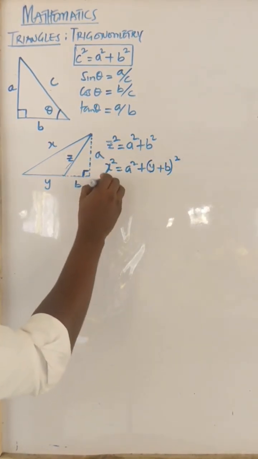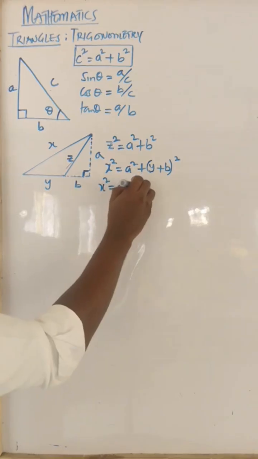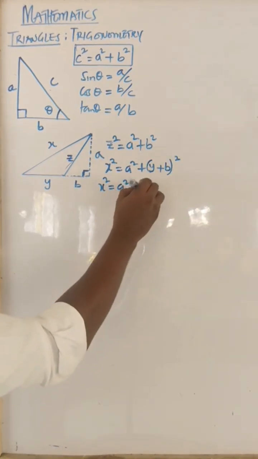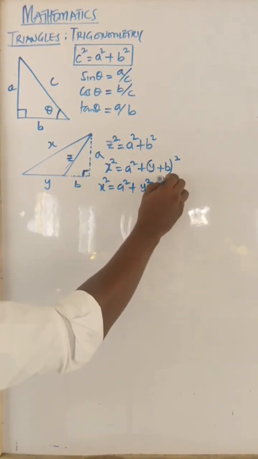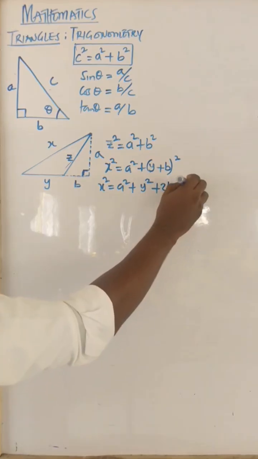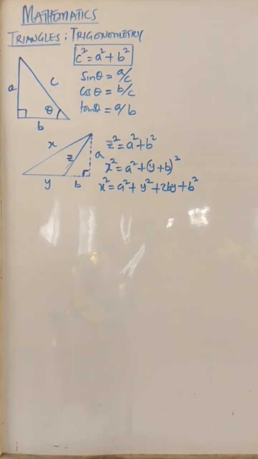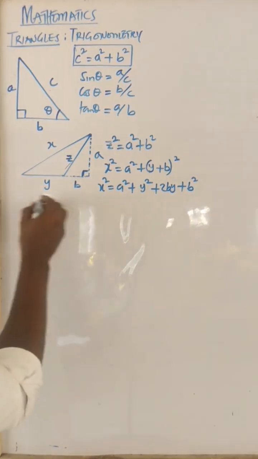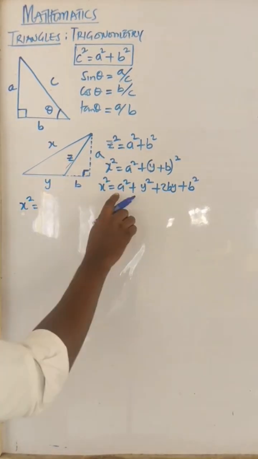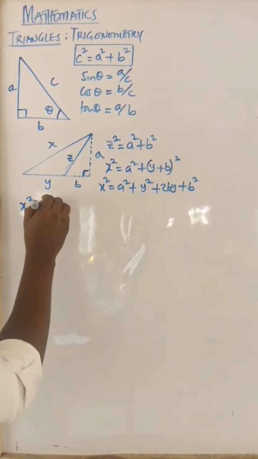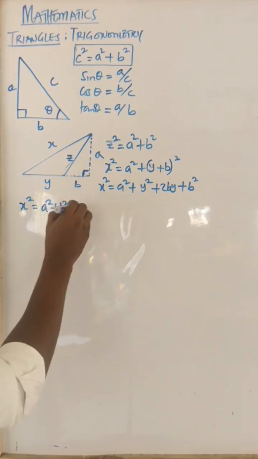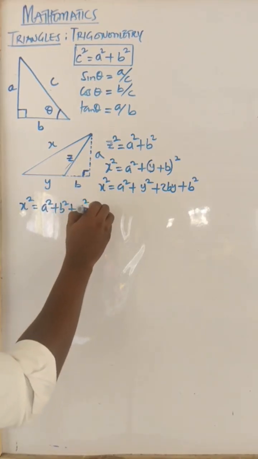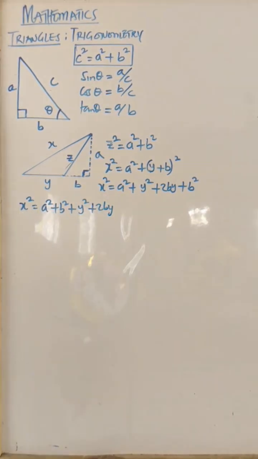If we expand this, we have: square the first, plus twice their product, plus square the second. So X squared equals A squared plus B squared plus Y squared plus 2BY.